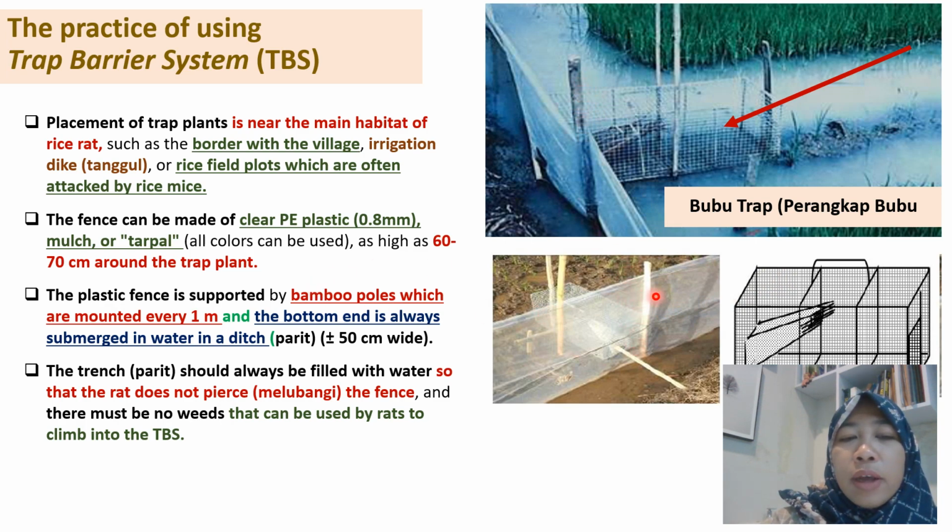The bottom end is always submerged in the water in the ditch. So the TBS is supported by these bamboo sticks, and it should be submerged in the water in the ditch.